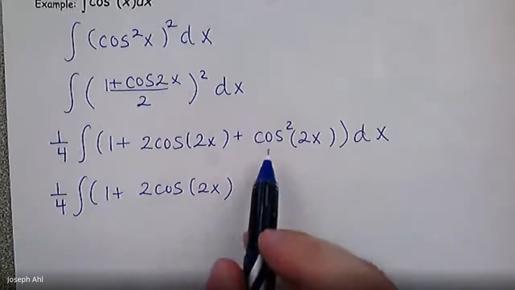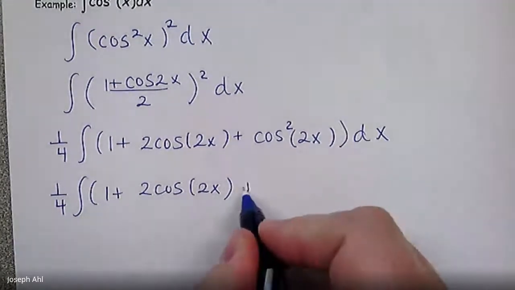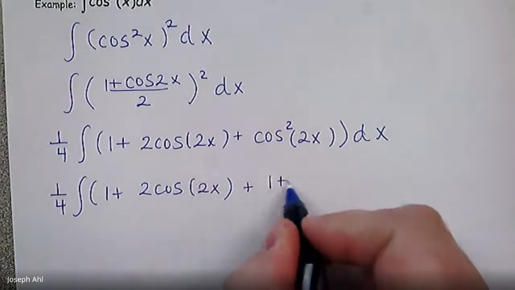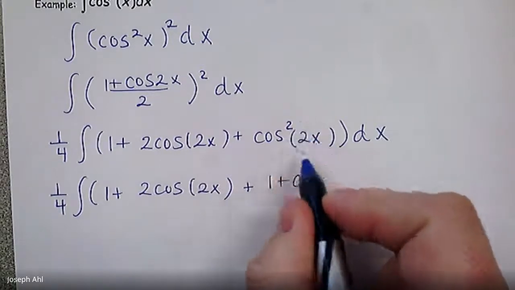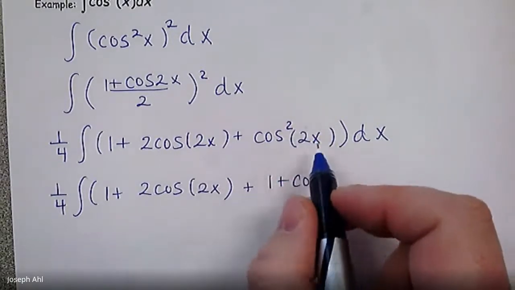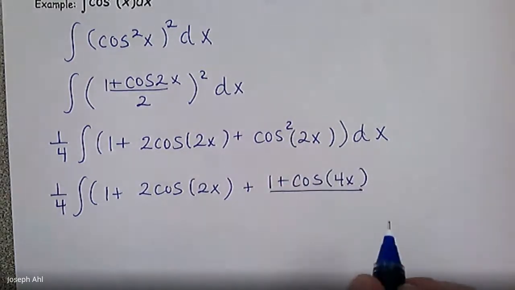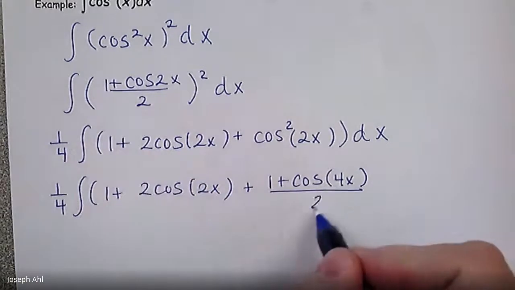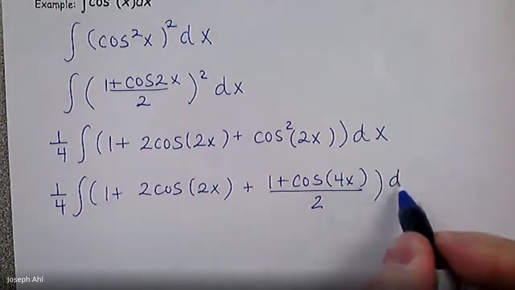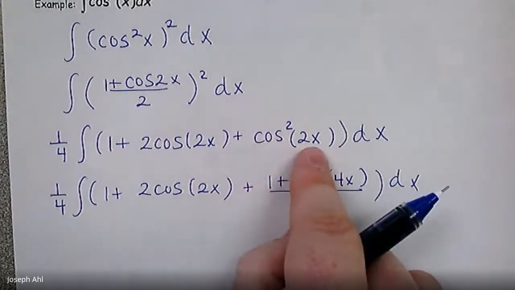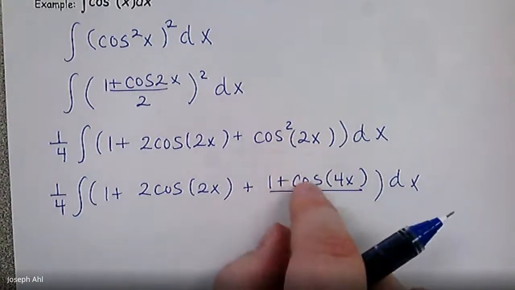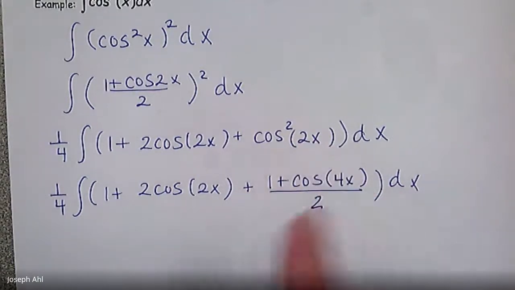So the double angle substitution here is that it's going to be 1 plus cosine of double this angle, right? So since the angle is already 2x, it's going to be cosine of 4x over 2. So when I do that double angle substitution for cos squared of 2x, just make sure it's 1 plus cosine of double the angle on the inside here, 4x, and then over 2.